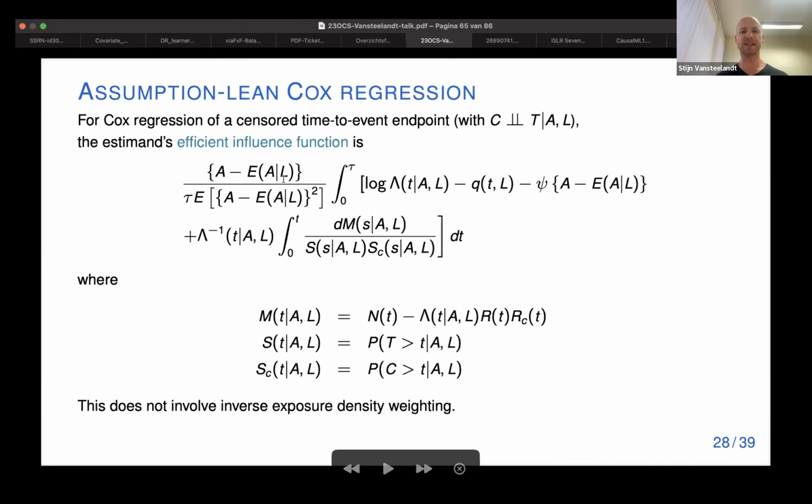In fact, in constructing estimands, we've aimed to focus on those that do not require inverse weighting by the exposure density, as this could quickly lead to instabilities in the analysis. Again, the point is that we can find an estimator for psi by setting the sample average of this expression to 0, and then solving for psi, and that gives the closed form estimation.